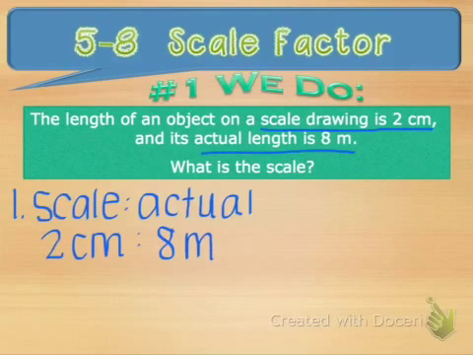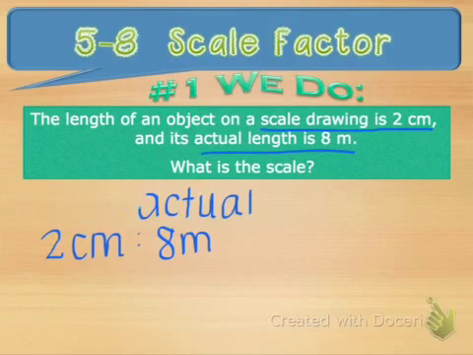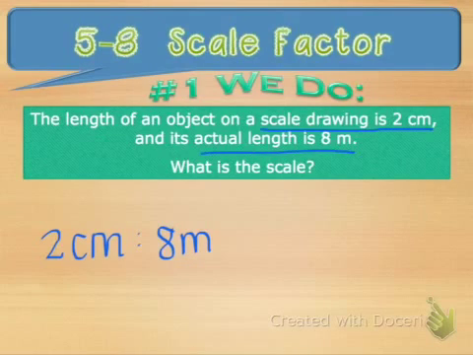And now, because of course life can't be easy, got to make it difficult, you can see that we have 2 units that are not the same. For the scale we've got centimeters, and for the actual we've got meters.